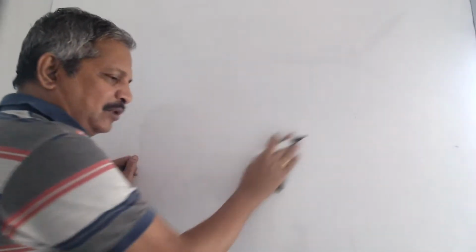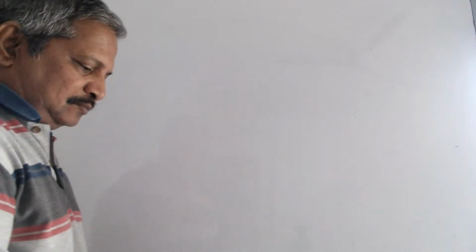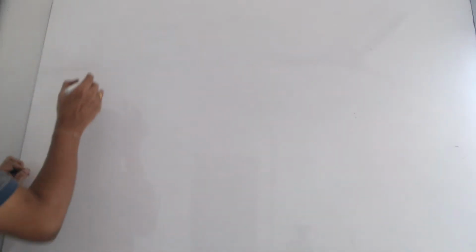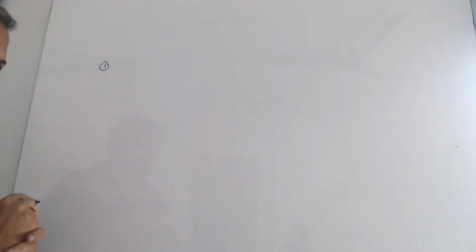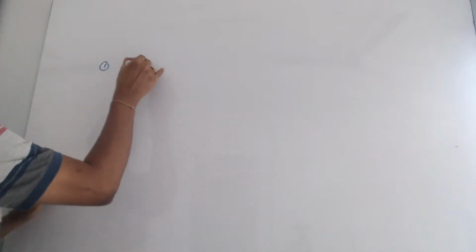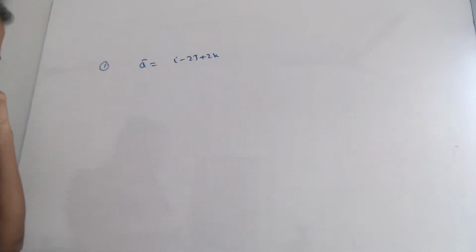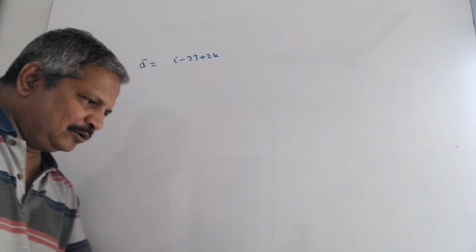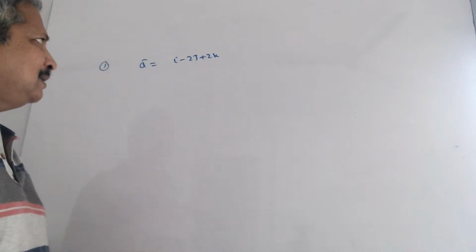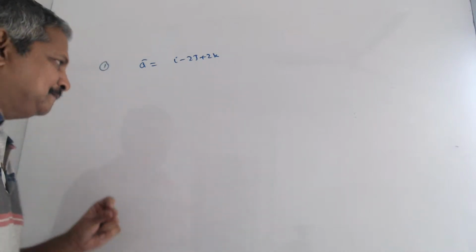Now we'll go to the problems. See, I will do different types of problems. First problem: A bar is i minus 2j plus 2k.